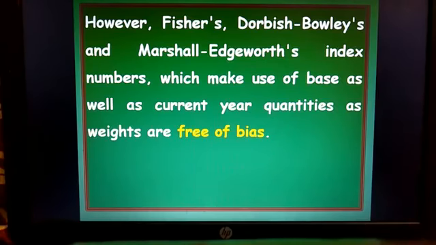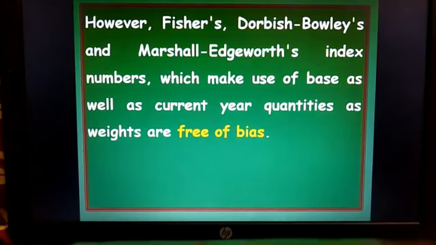Look at this slide now. However, Fisher's, Dorbish-Bowley's and Marshall-Edgeworth's index numbers, which make use of base year as well as current year quantities as weights, are free from bias. That means these are all unbiased.